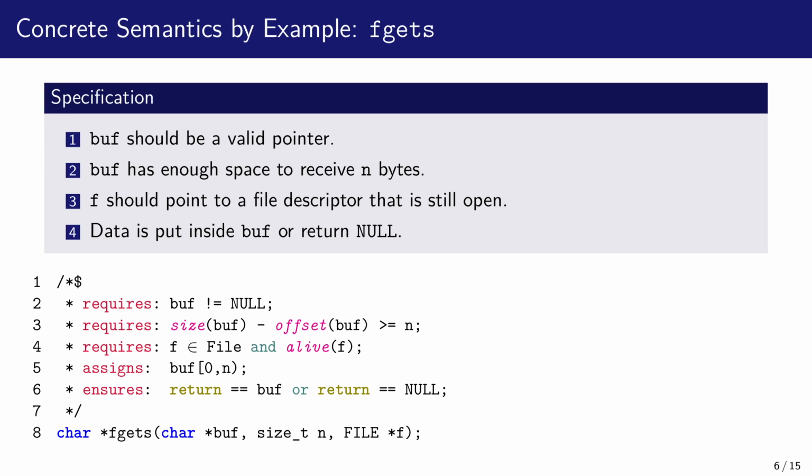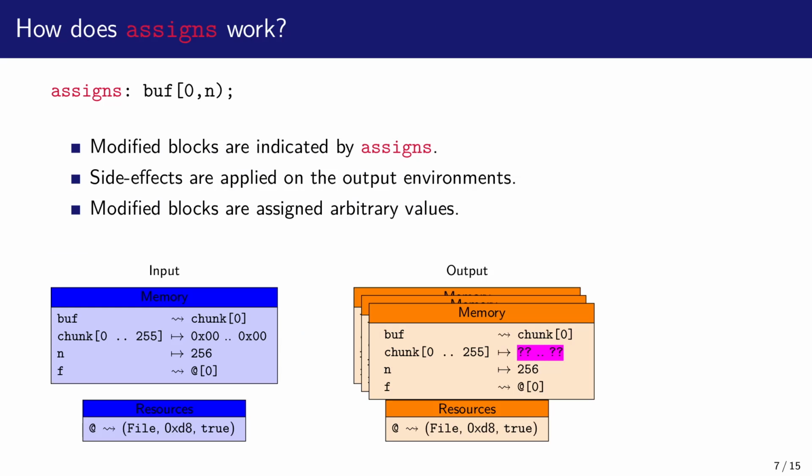That expresses the fact that some part of the output state has been modified with some random value. And here is how assignment work. So similarly to allocation, assignments are also non-deterministic side effects applied only on the output environment.